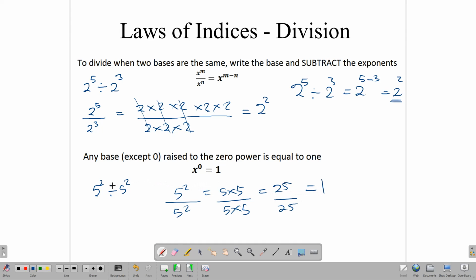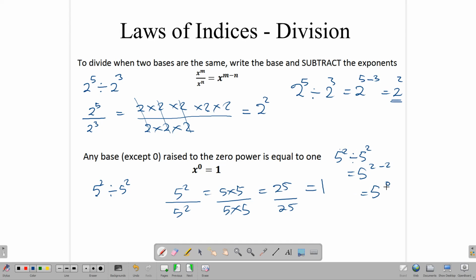So it would seem then that if we are going to use the division rule, 5 squared divided by 5 squared is going to give us 1 here. But if we write it out using the approach we did here, we're going to get 5 squared divided by 5 squared is going to be equal to 5 to the 2 minus 2, which gives us 5 to the 0.